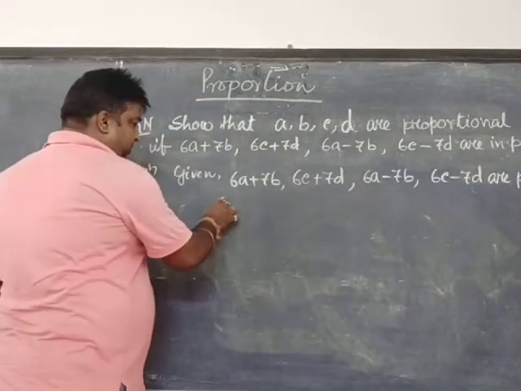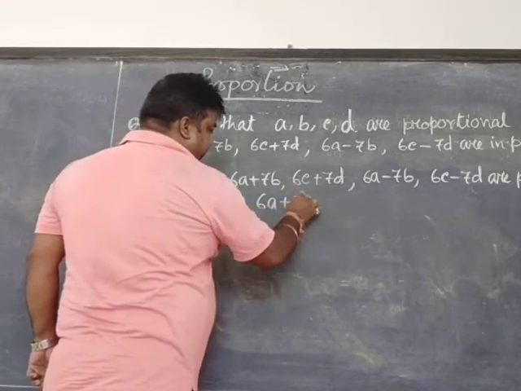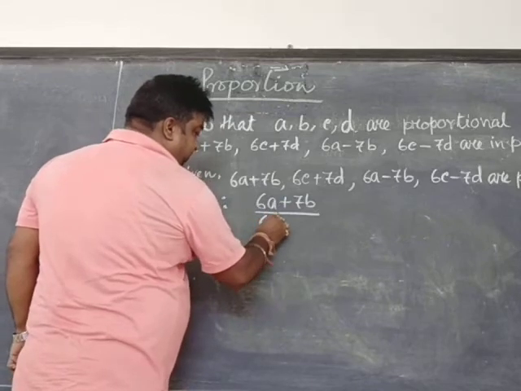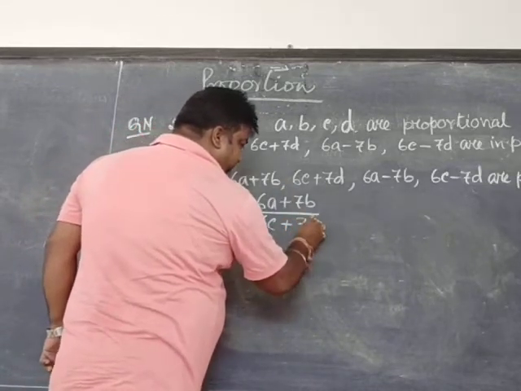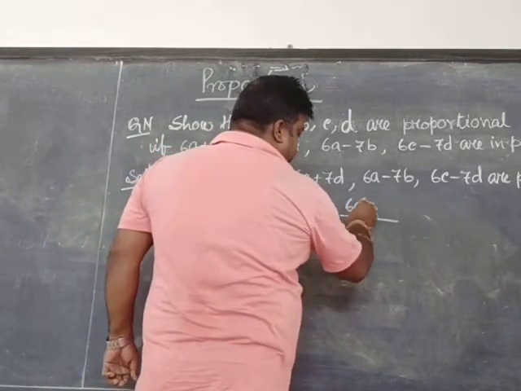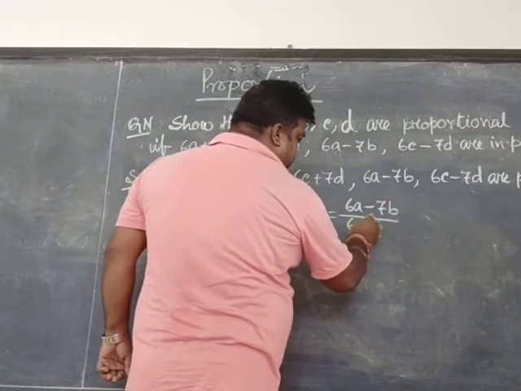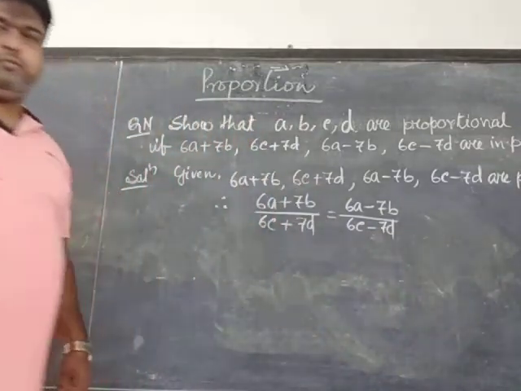Therefore, 6a plus 7b by 6c plus 7d equal to 6a minus 7b by 6c minus 7d. We will get that one.